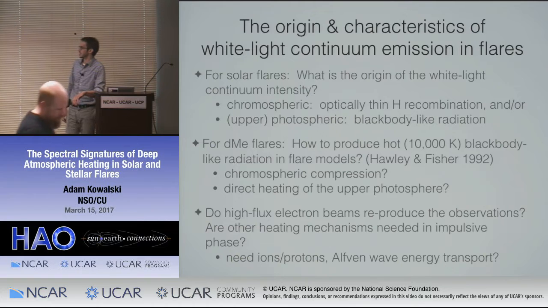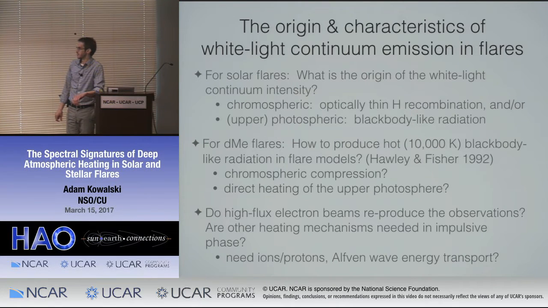For M-dwarf flares, it's been well observed for many years, pretty much starting from Hawley and Fisher in 1992, that the continuum distribution is approximately 10,000 Kelvin black body with a little bit of Balmer continuum emission in addition to that. So how do you produce such heating at very large densities to produce a hot black body spectrum?